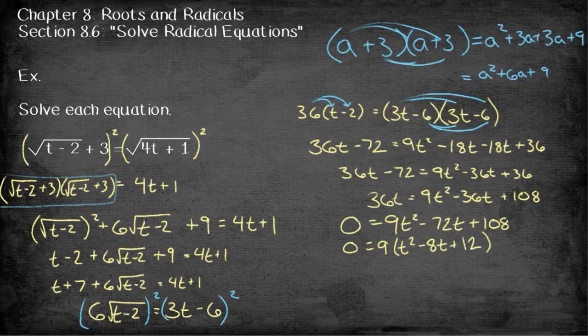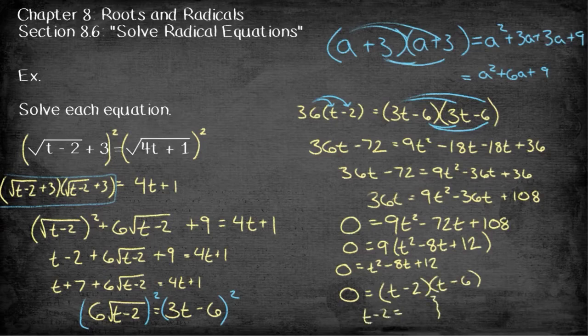In fact, we can divide it out if we want to. So we have 0 equals t squared minus 8t plus 12. That guy factors nicely. Using my zero product property, I get t is equal to 2 and t is equal to 6.